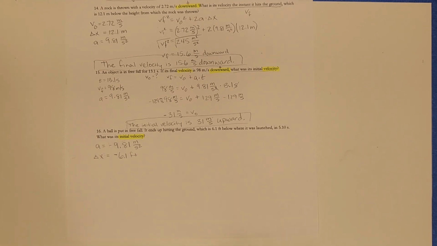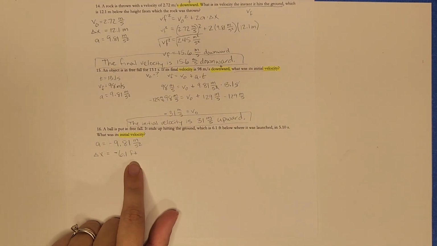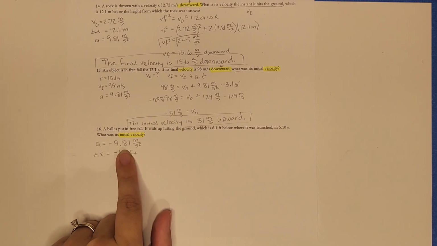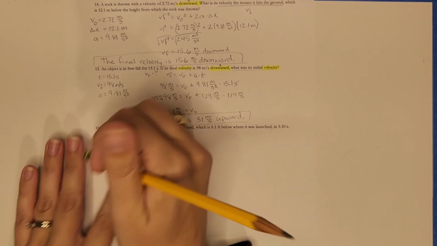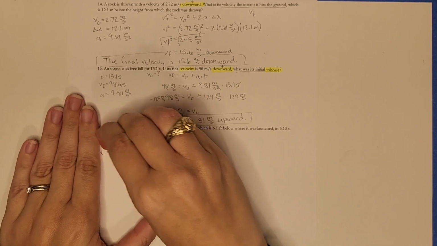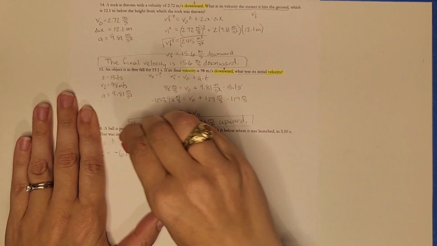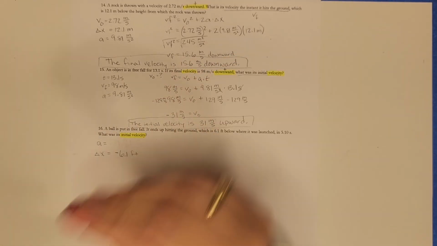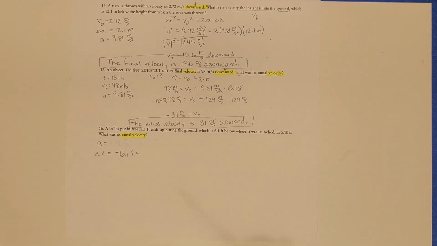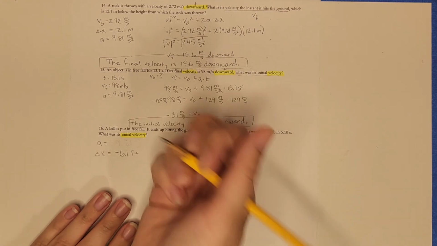And wait a second, I just realized that I messed up because my displacement's in feet and my acceleration is in meters per second squared. I'm so used to doing this 9.81 that it's kind of my second nature, but we actually need to use the free fall acceleration units that are in feet per second squared.